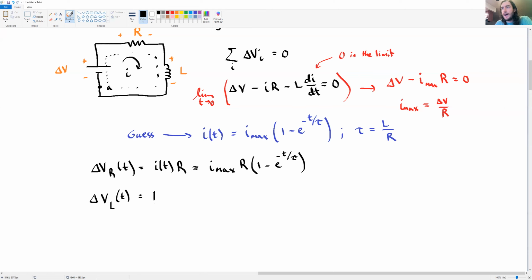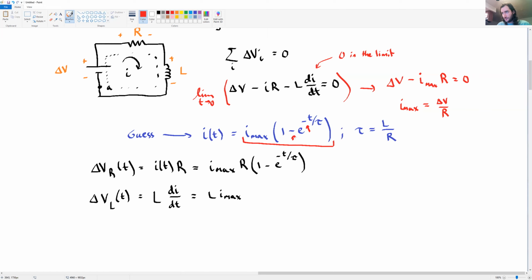So in this case, we have L times di dt, and L times I max, which is constant, times the derivative of this function here. So we want the derivative of this function right here. We can see that there's a minus sign here, but chain rule is going to give us another minus sign.